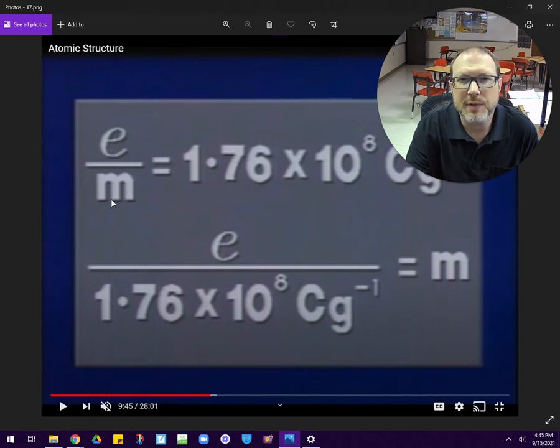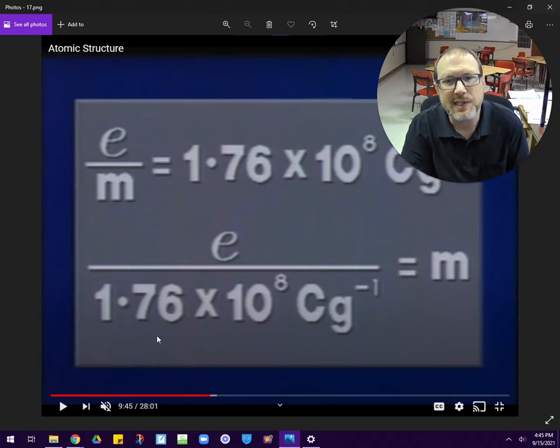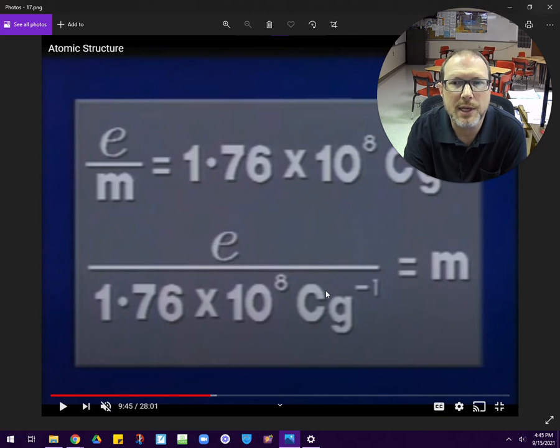They knew that these things were very small, but they didn't know how big. But they did know that the charge to mass ratio was 1.76 times 10 to the 8th coulombs per gram. You don't really need to worry about that. What you do need to know is that they did have a certain definite charge.